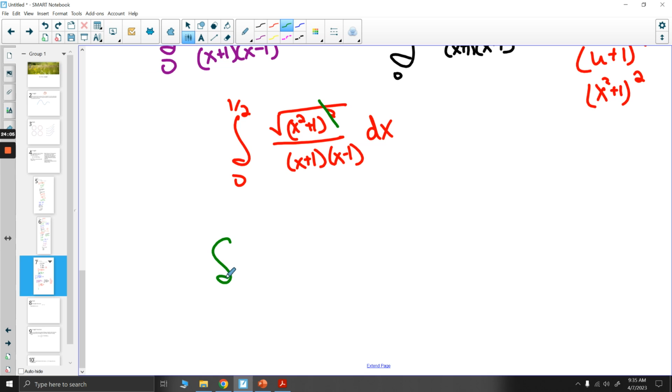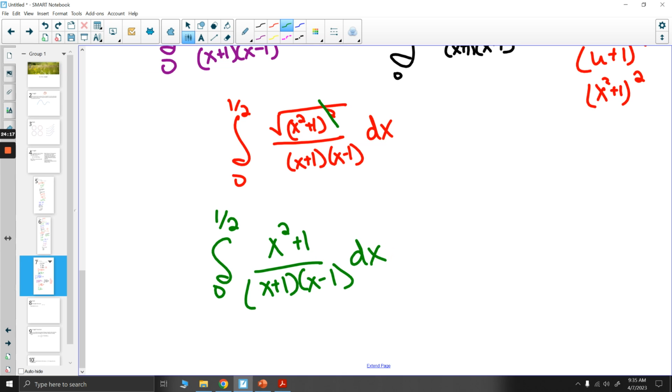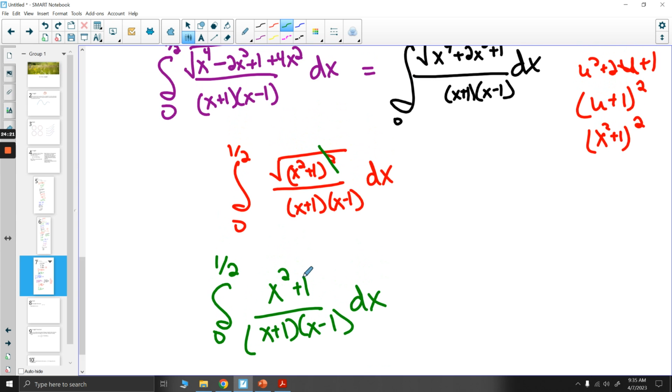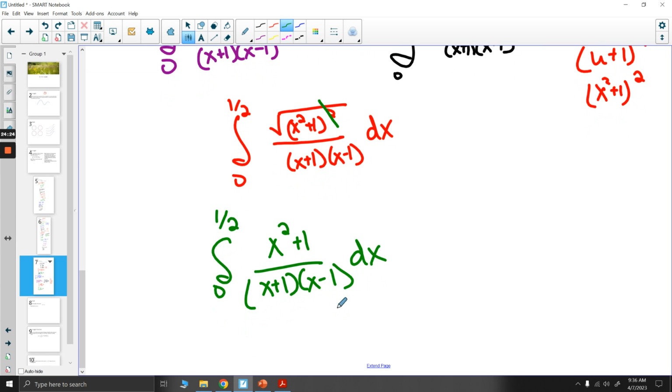I was hoping maybe it would, but it doesn't cancel. So we have x squared plus 1, because it's not factorable, over x plus 1, x minus 1, dx. Now, I factored this initially, but I generally like to have them factored just in case things cancel, but I can see clearly that it's not going to cancel.